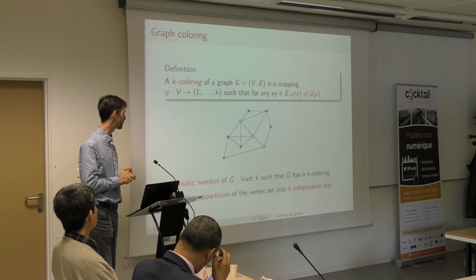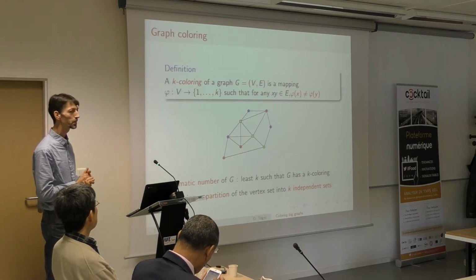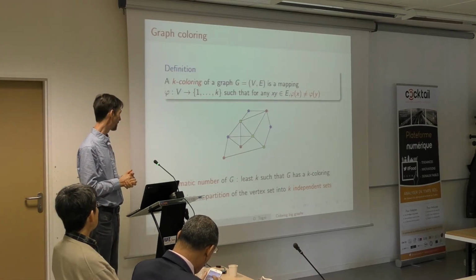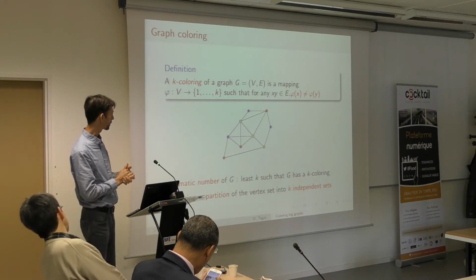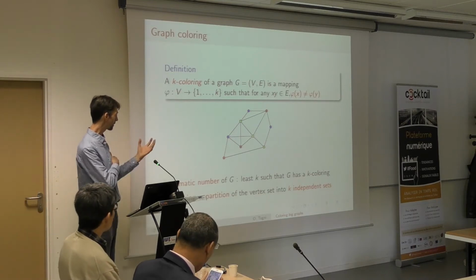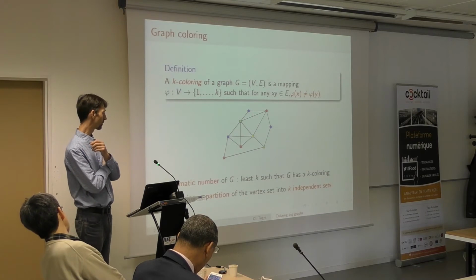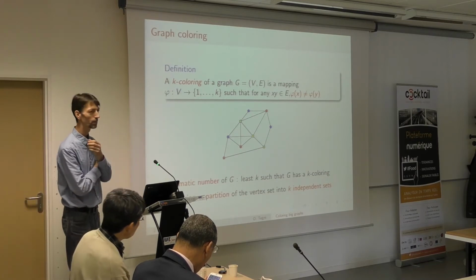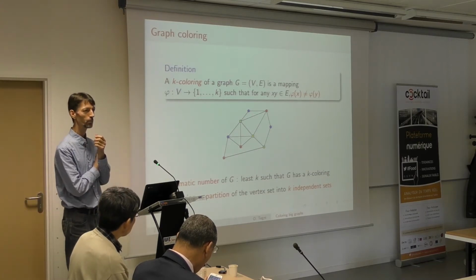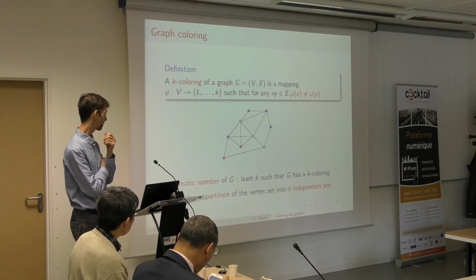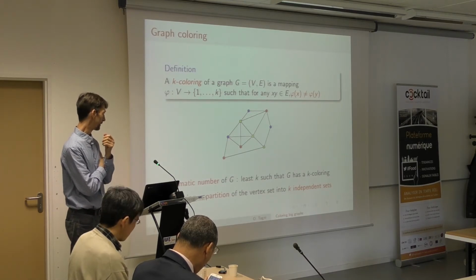And of course, you want to do this using as few colors as possible. This minimum number of colors required to color the graph is called the chromatic number of the graph. And it is an NP-hard problem, one of the hardest problems in computer science.